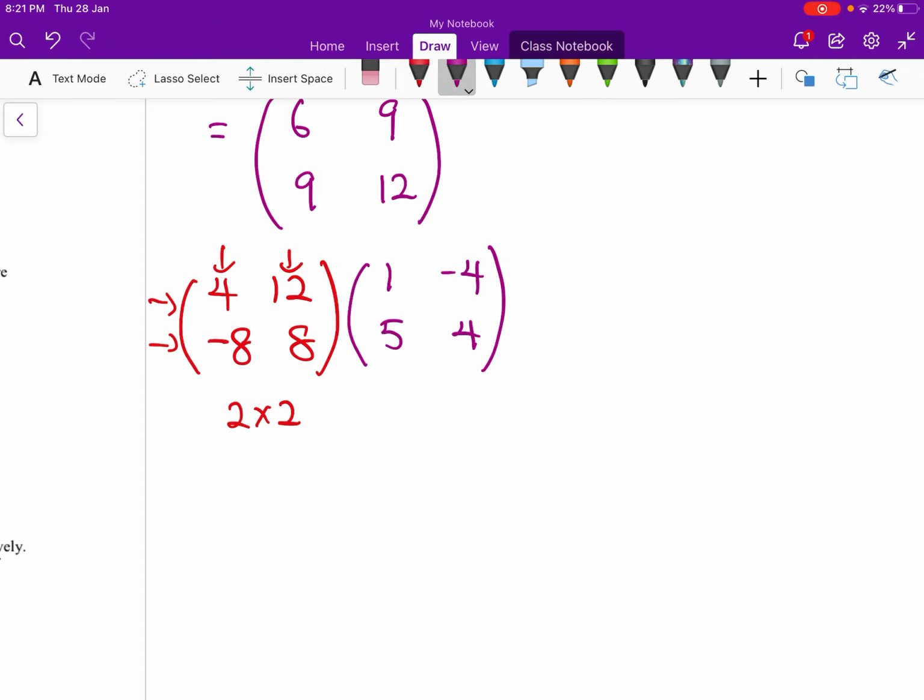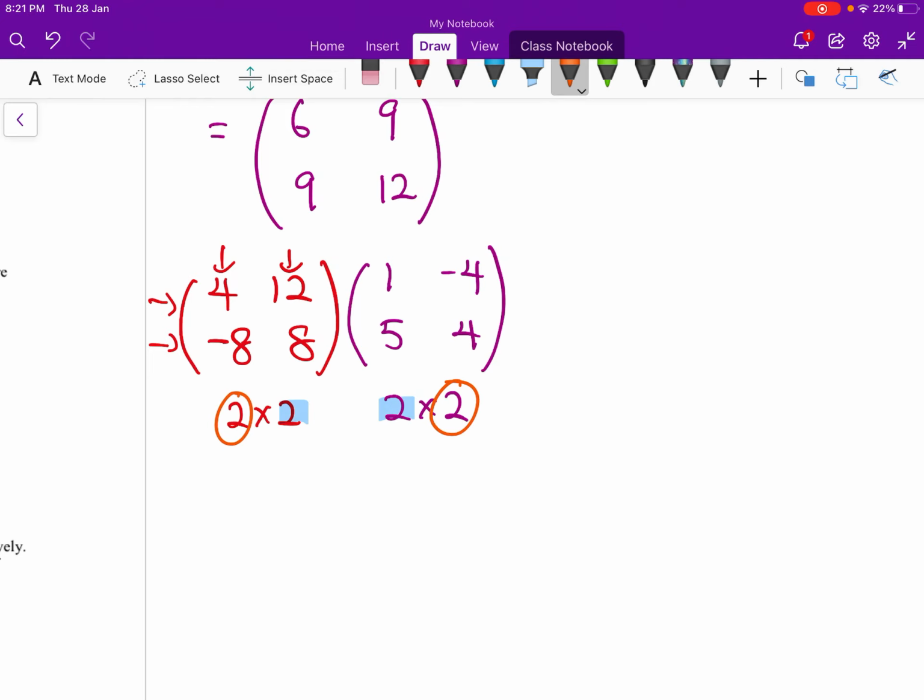The purple matrix is also 2 by 2. If I want to multiply both matrices together, I must make sure that the inner numbers, this and this, must be the same number. The resulting matrix will be 2 by 2. That's the outer number.